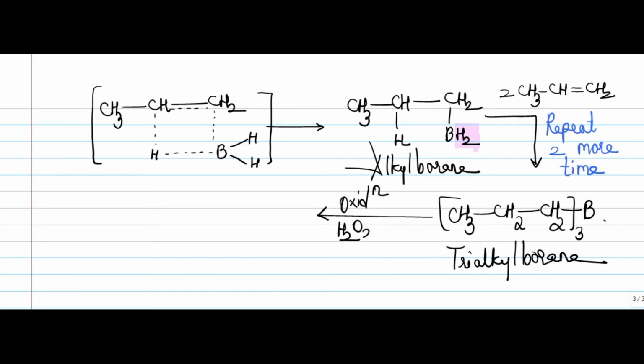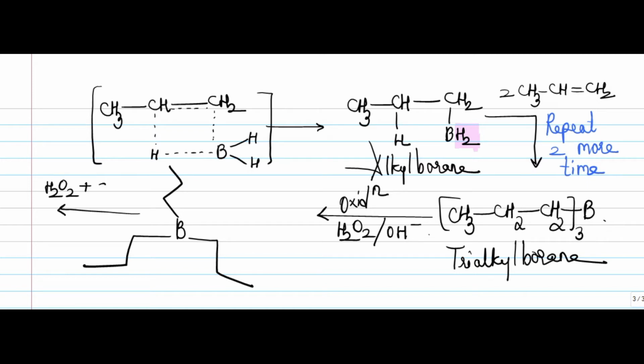Oxidation is done using H2O2 and OH minus. Now let us understand how oxidation occurs. You know that boron is now a kind of electron deficient, right, and when you subject this to a combination of H2O2 plus OH minus, OH would abstract a proton and you end up getting OOH minus plus water.